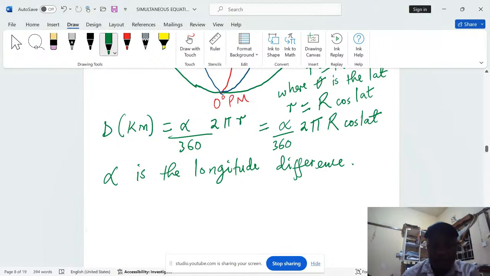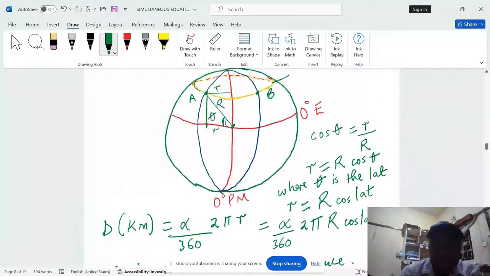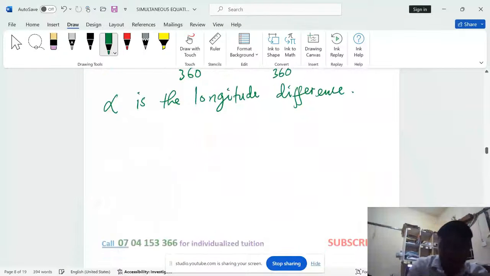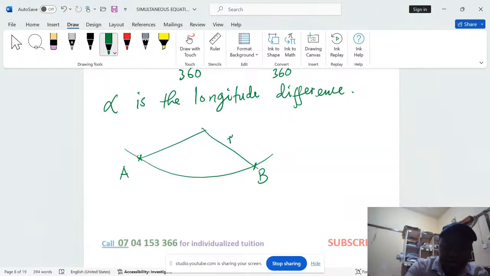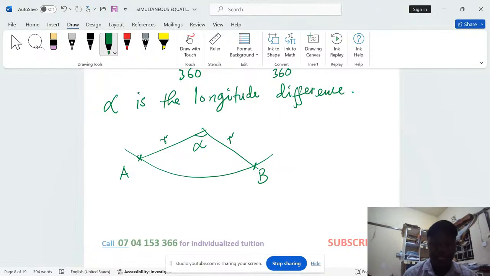The angle at the center of such a circle will be from the longitude where A is to the longitude where B is. That will give us the angle at the center. So we are extracting a small circle AB such that there is the small letter r, and the angle difference here is the longitude difference.